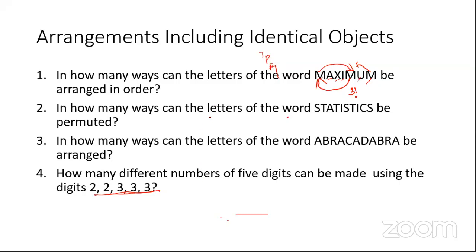I can have 2, 2, 3, 3, 3 like that. Another way I can have it is 2, 3, 2, 2, 2. Sorry, 2, 2, 3. We should have 10 different combinations.